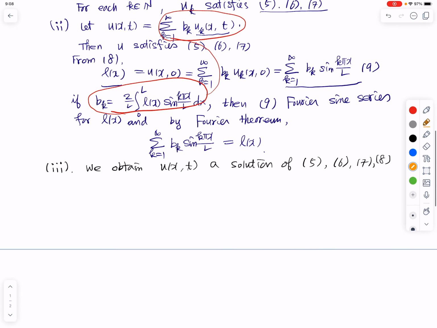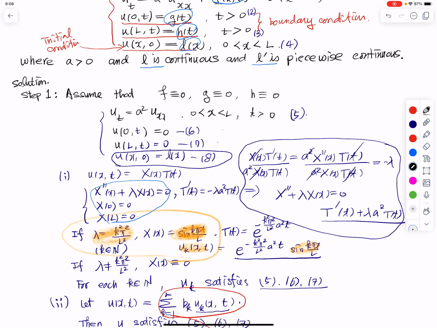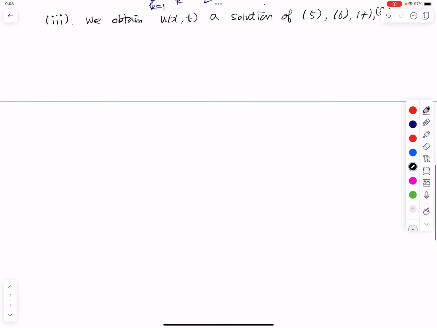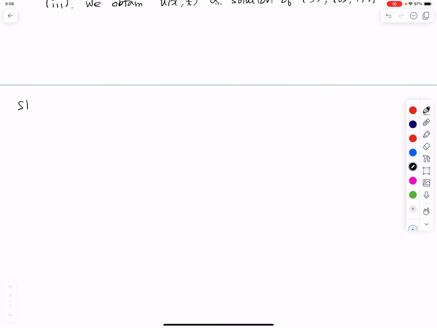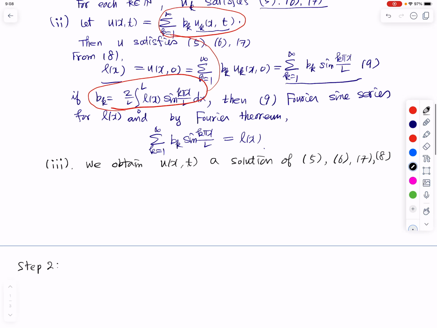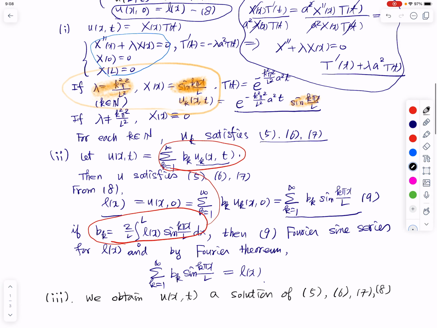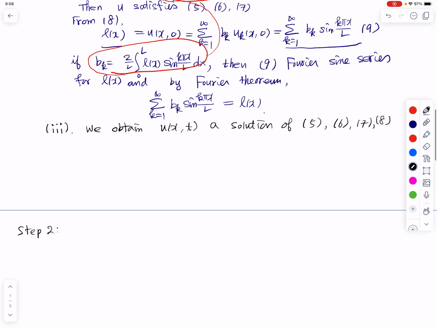And in the general case, step 2. So step 2 is the general case. We don't assume that, okay? That's step 2. So we try to find the solution of this. By step 1, what we want to do is this.